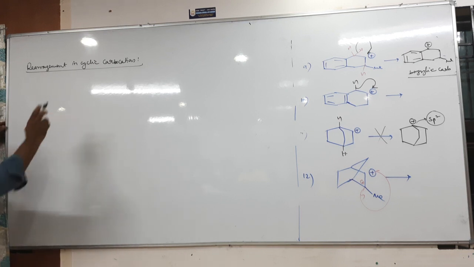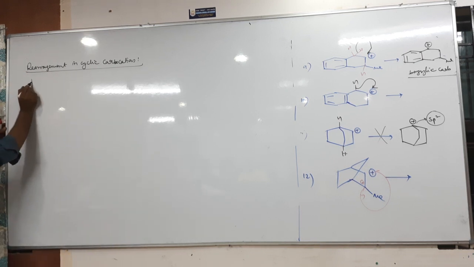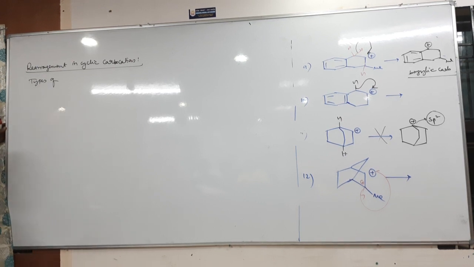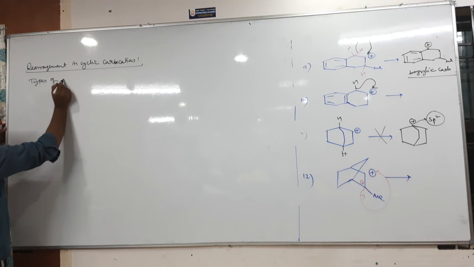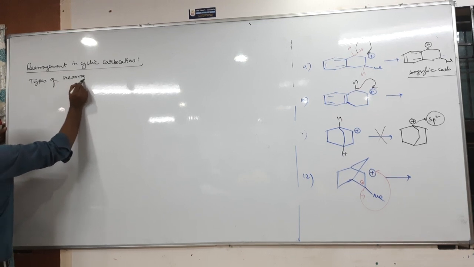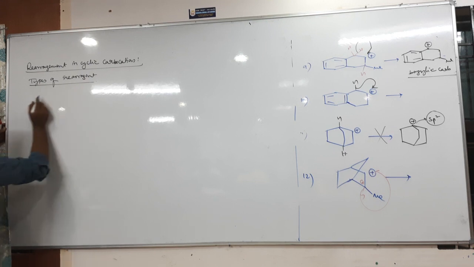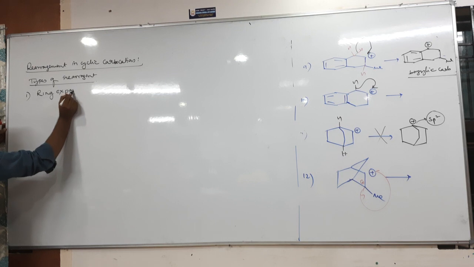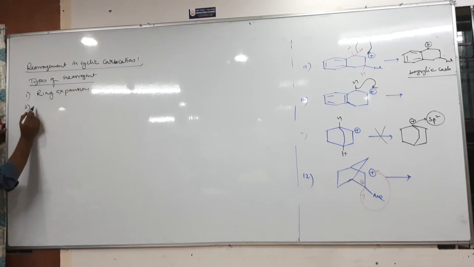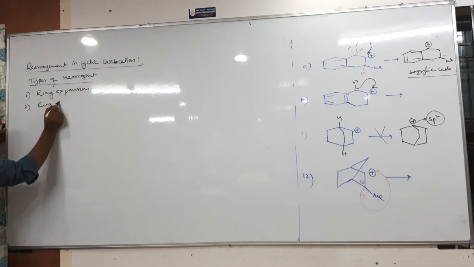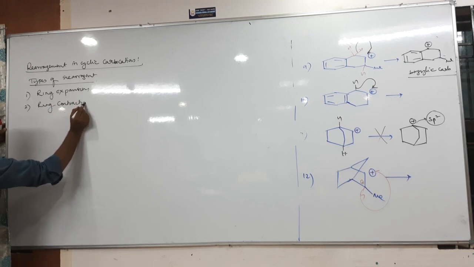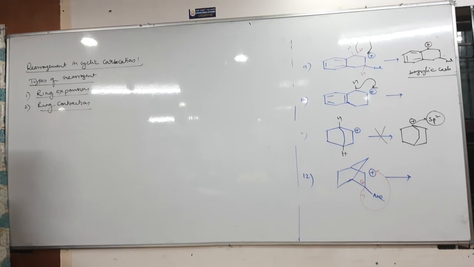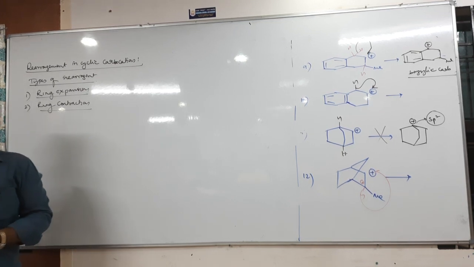Therefore, there are two types of rearrangement in cyclic carbocation: one, ring expansion; two, ring contraction. Tell me, first one, ring expansion. Ring expansion in the sense that a smaller ring converts into a larger ring.